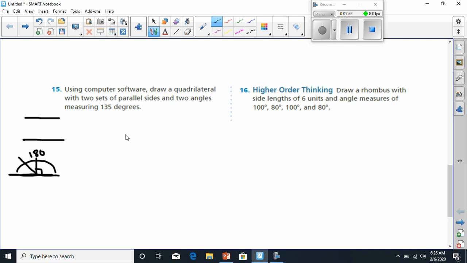Okay, so what we're talking about is 2 parallel lines, right? And then you're going to need 2 very wide angles, which means one angle is going to come out like that, and that means another angle is going to come out like that. These angles will both be 135.